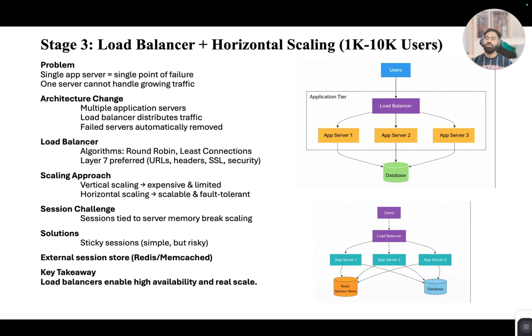No matter how many app servers you add, they all talk to the same database, because till now we have kept a single database, but we have divided the app servers into multiple app servers. But there can be a problem if there is only one database server, right? And the database is about to become your bottleneck.